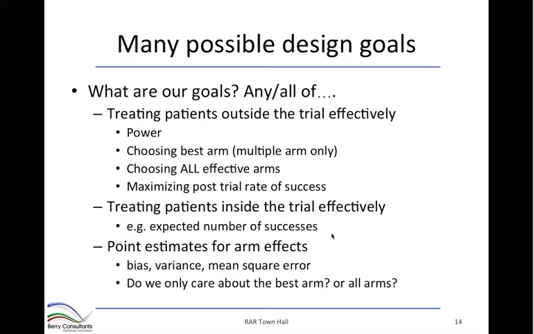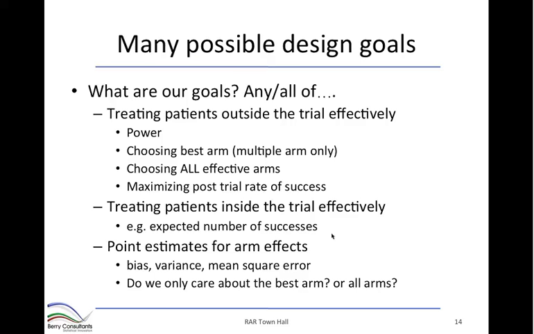So if we've got 4 arms and arm 4 is the best and we choose arm 3, maybe that has some benefit, but maybe not as much as arm 4. So choosing the best arm is important. We might have a goal that we want to choose all effective arms. And maybe we care about the 2nd and 3rd and 4th best arms, maybe we don't. That's part of what to consider. And I've also added this extra goal, maximizing the post-trial rate of success.